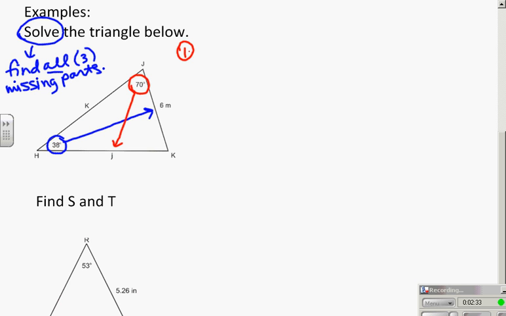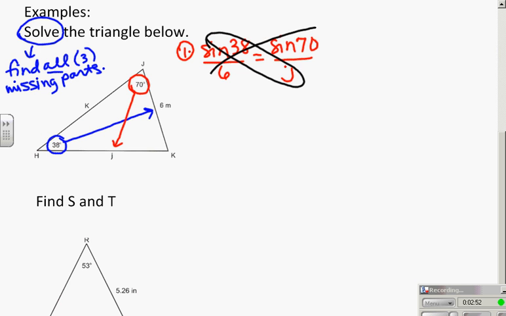So let's start our first step by saying that the sine of 38 over 6 is equal to the sine of 70 over j. Once you have that, sine being a number, it's a simple cross multiply ratio problem.